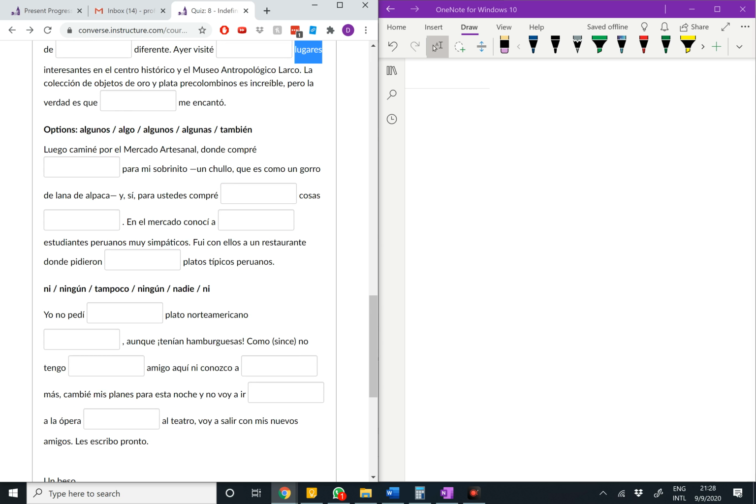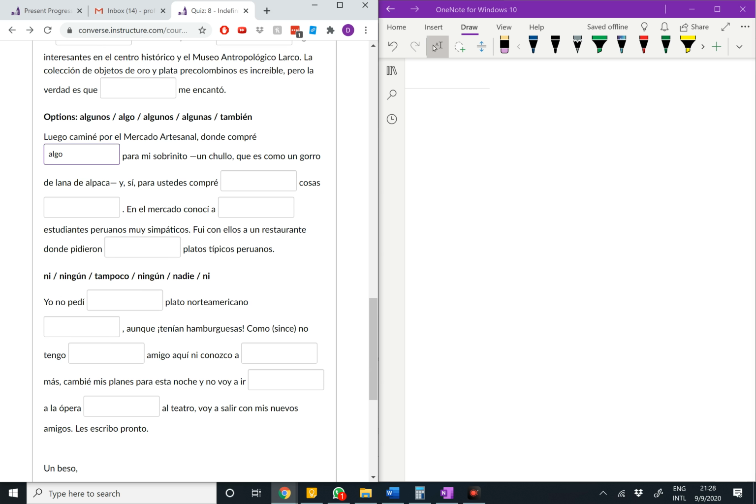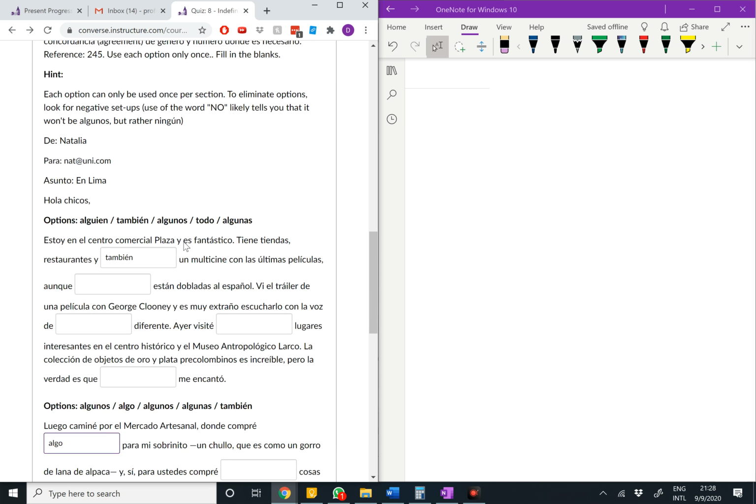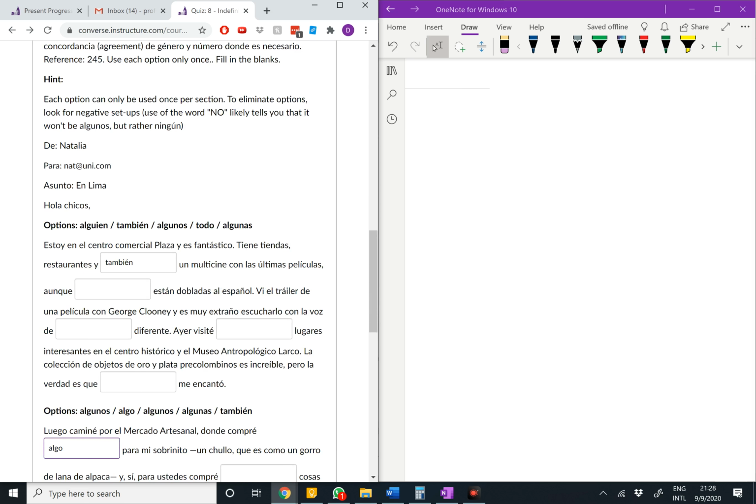Luego caminé por el mercado artesanal donde compré, where I bought algunos, some, for my nephew? No. Where I bought some also? No. Algo, right? Where I bought something. And you just keep going on like that. This question's kind of a grind, so just keep grinding it out until you get it.